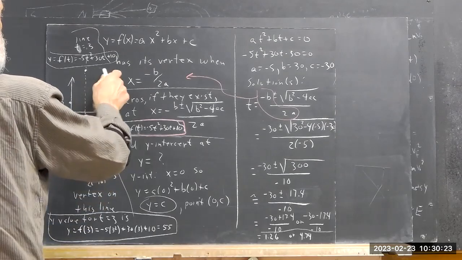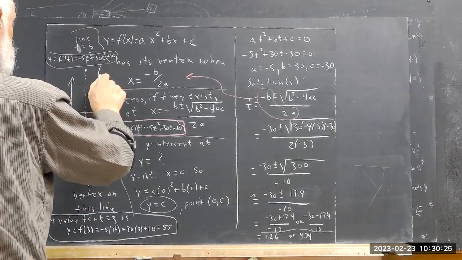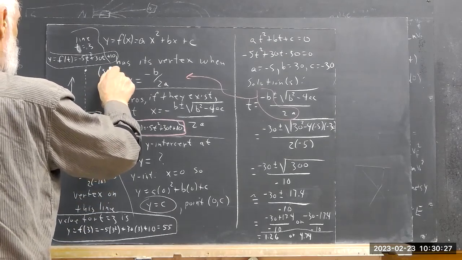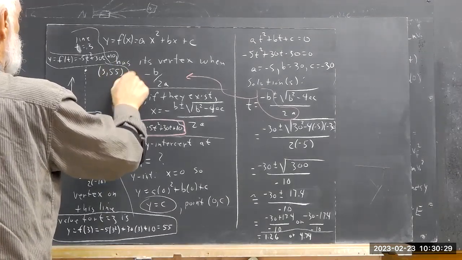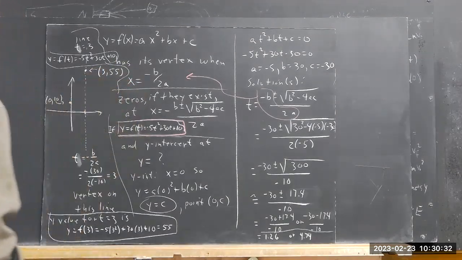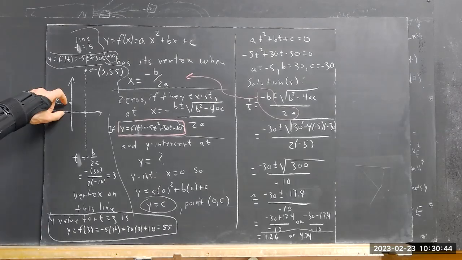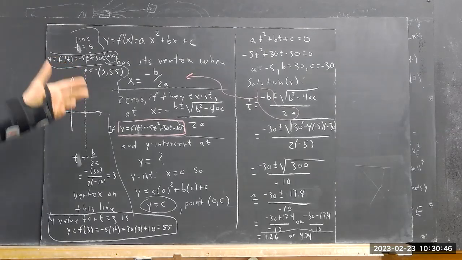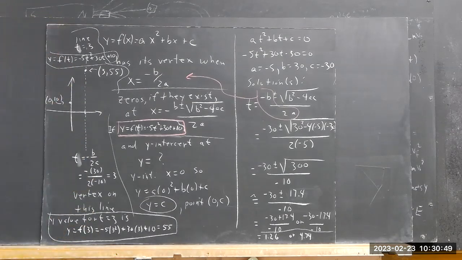Okay, this is the point (3, 55). Now, on your own graph, locate that point. If this is 10, that's going to have to be a little over 5 times as far from the x-axis.